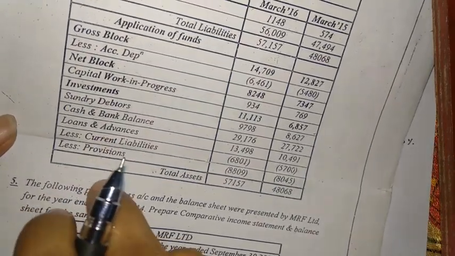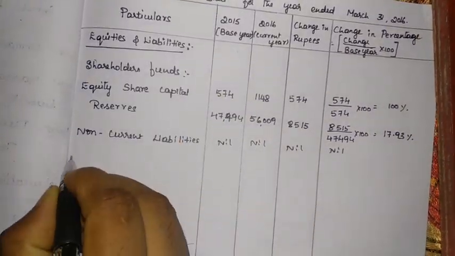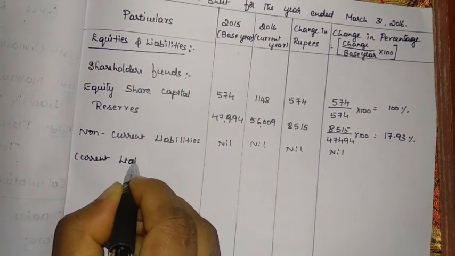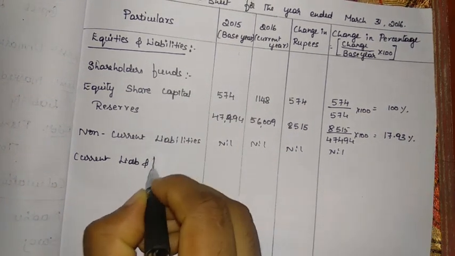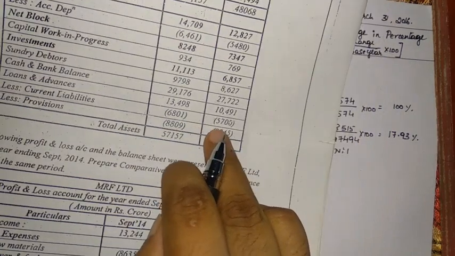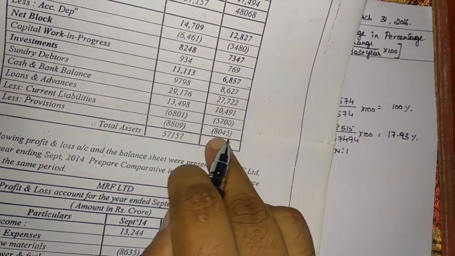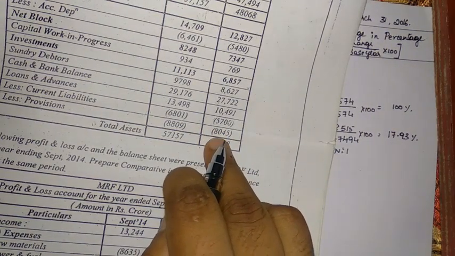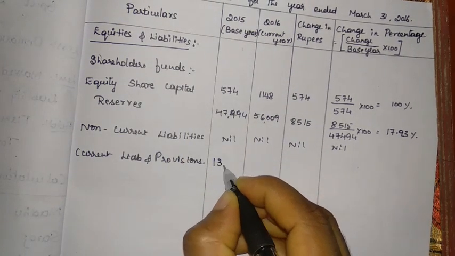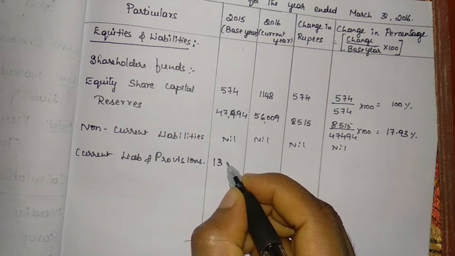We can take them together. In the base year, 5,700 plus 8,045, total 13,745.